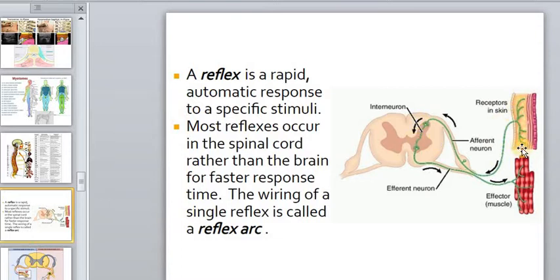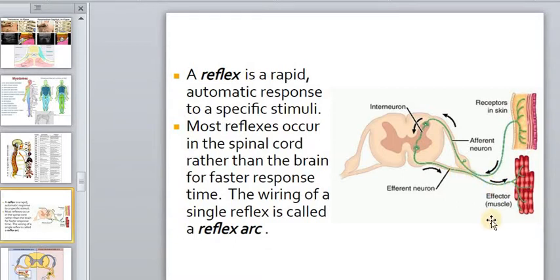You see, it's irritation from the skin, and irritation of receptors moves the signals through the nerves into the perimeter, and then from the ventral root to the effector.